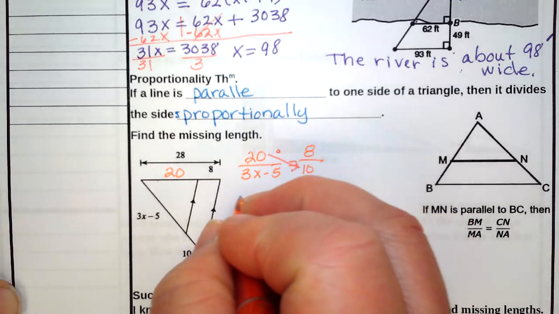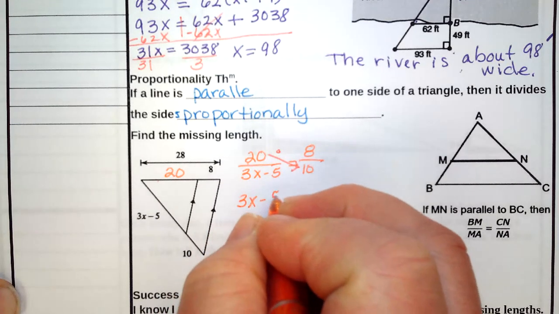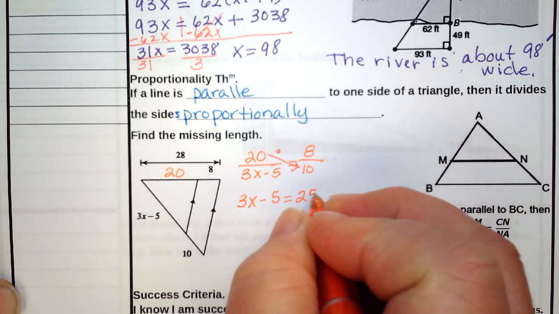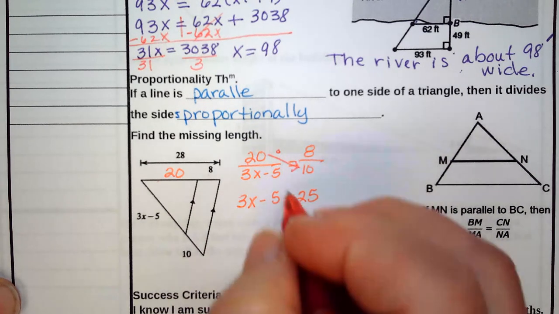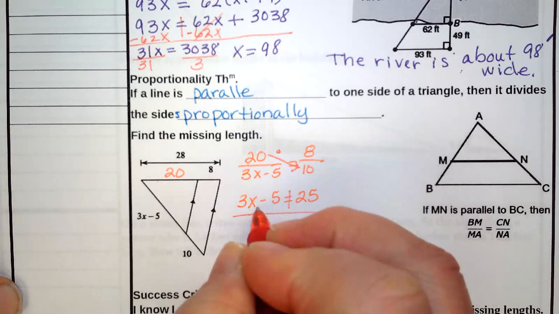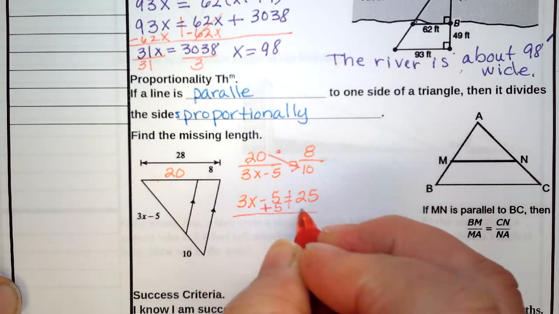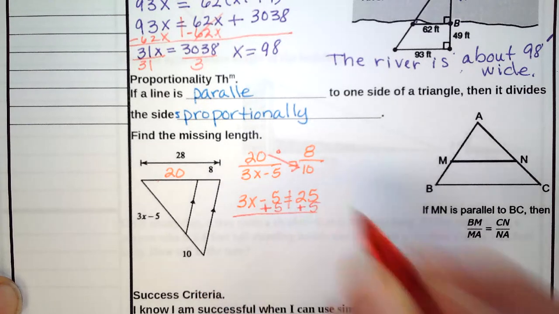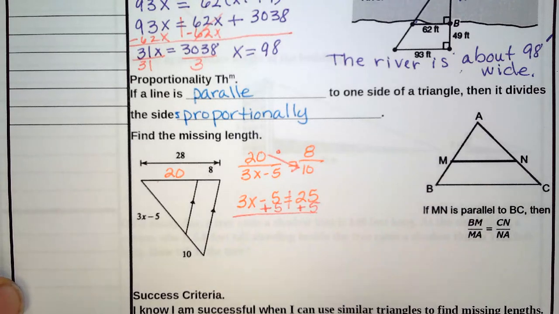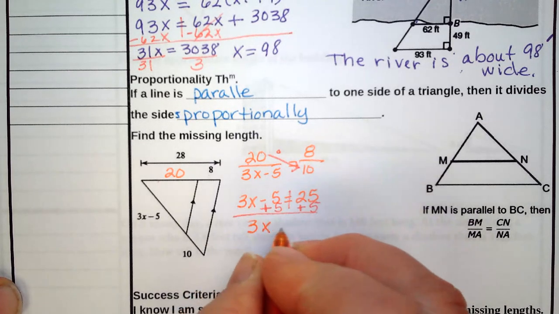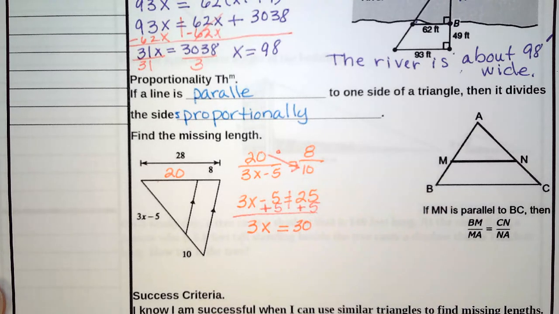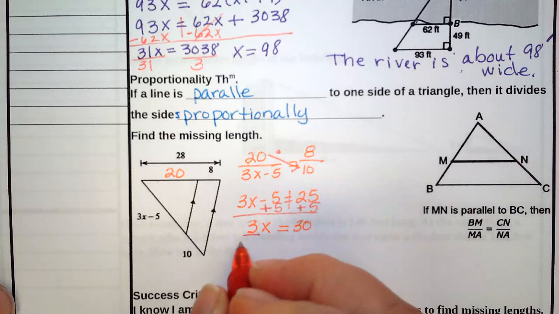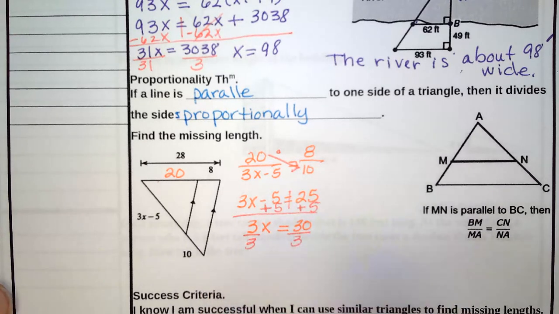So 3x minus 5 is equal to 25. I'm going to add 5 to both sides. 3x is equal to 30. Divide by 3. And x is equal to 10.